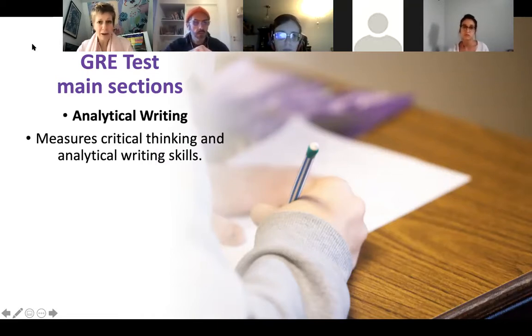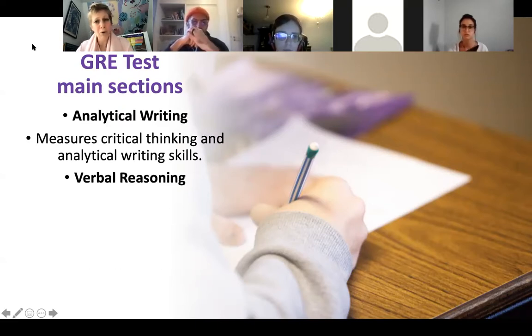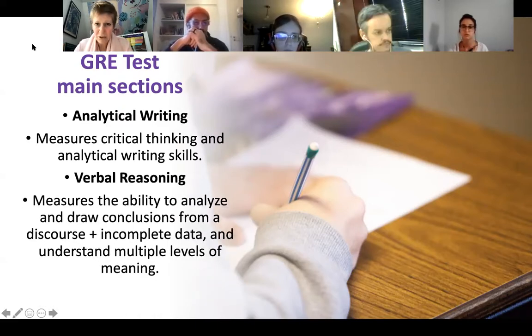So the analytical writing section is going to measure your critical thinking skills and your analytical writing skills, all right? You will see in today's example what you have to do and how you have to analyze or get to the bottom of whatever the prompt is asking you, okay? And then the verbal reasoning, that's the next section.